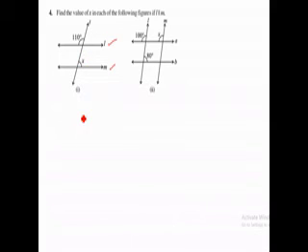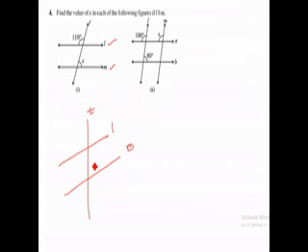So let me draw it, L and M, and this is 110 degrees, and this is x degrees. If this is 110, then this will also be 110 degrees by vertically opposite angles. Now when we talk about the properties, we say that the sum of two interior angles equals 180 degrees.